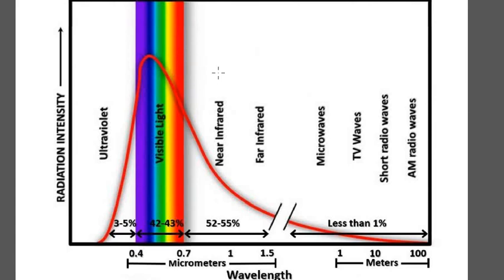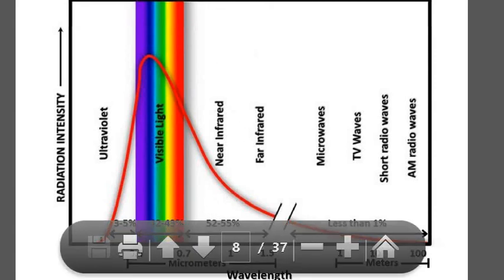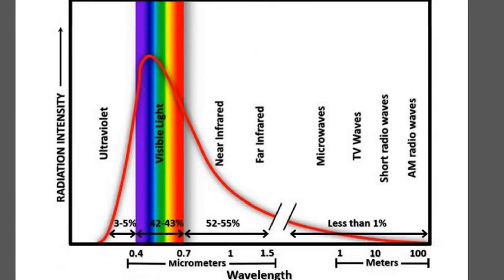Then what about the near infrared to far infrared? They correspond to around 52 to 55% over here. And less than 1% corresponds, but it is still there, to microwave to even radio wave range, right? So this is more or less a rough idea of what is going on in the solar spectrum.